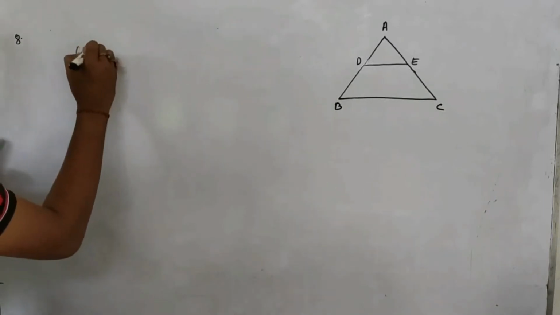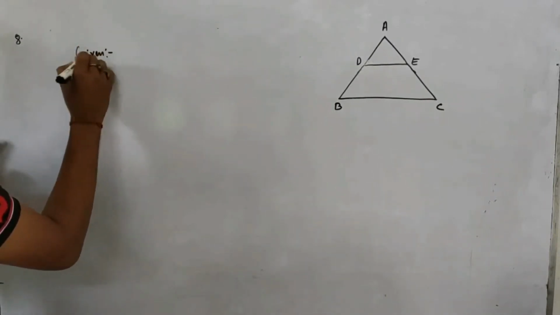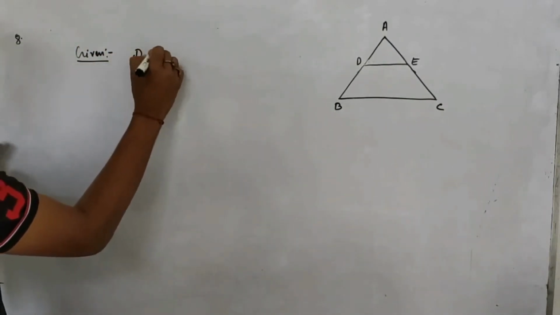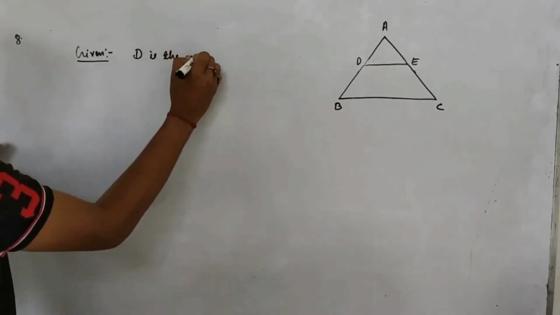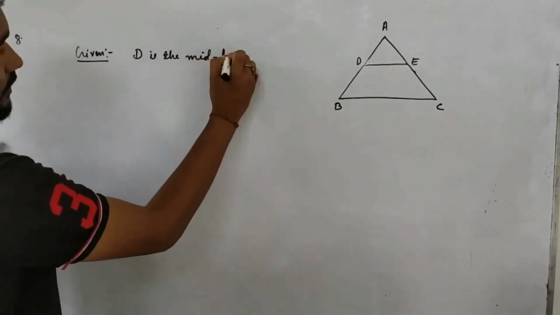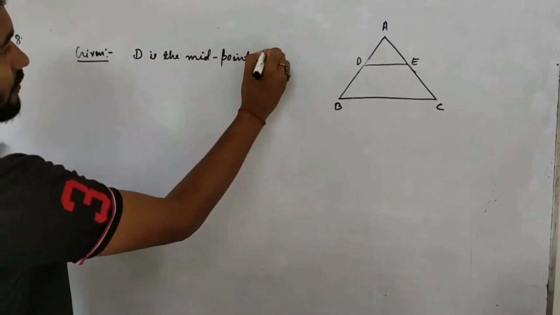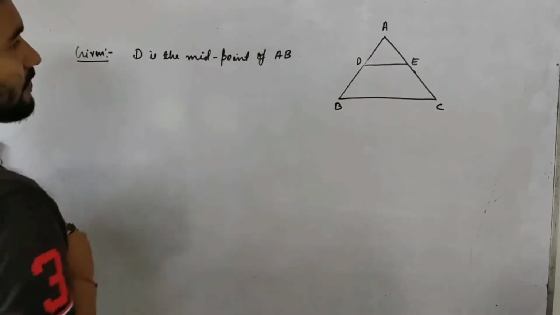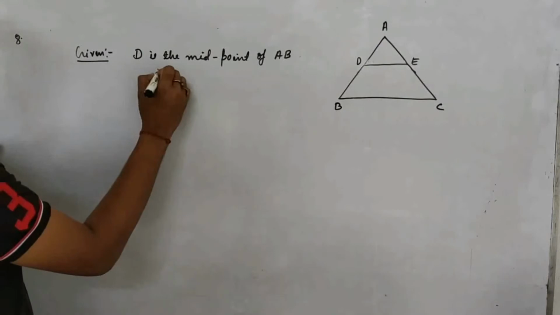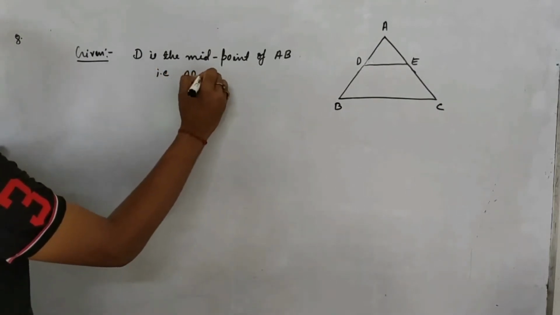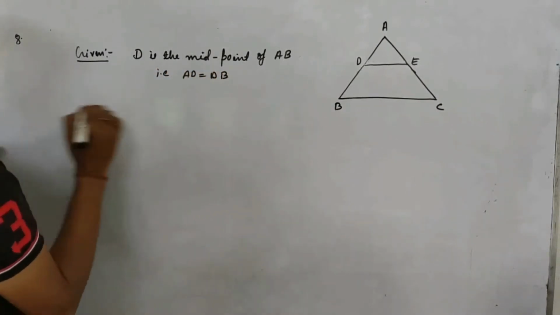So, given, you write: D is the midpoint of AB, that is AD is equal to DB.